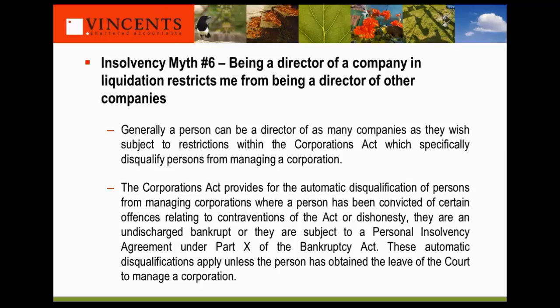And as insolvency practitioners, we are often reporting to ASIC cases we identify where directors have been directors of 2 or more failed companies, and they clearly are abusing the process themselves, and then ASIC determines whether they will take action to suspend or disqualify that individual for a period of time.